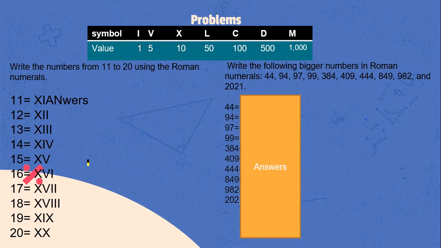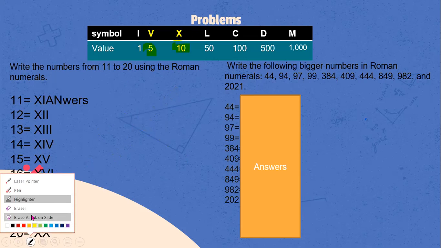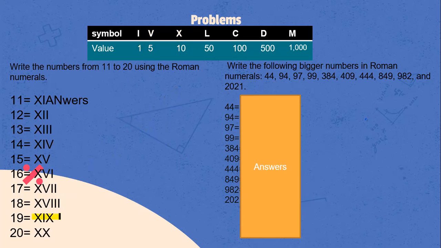Okay, 15 is XV because V is 5, and then you have 10. All right, 16 is XVI, 17 is XVII, 18 is XVIII, 19 would be XIX, because first do X for 10, so you got 10 down, then you have to do the plus 9 part, correct?